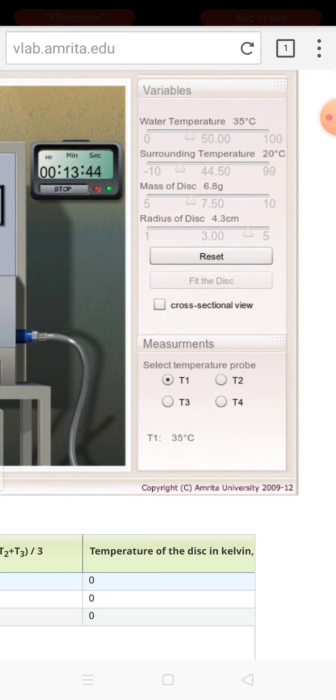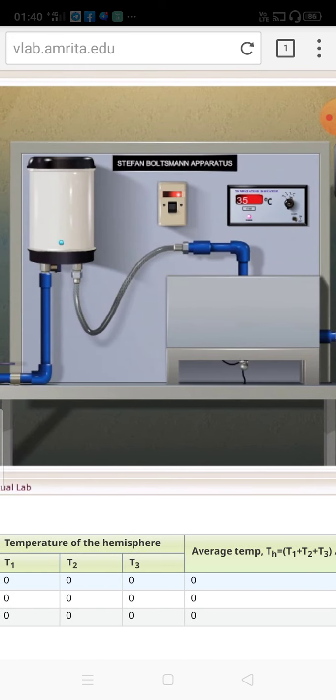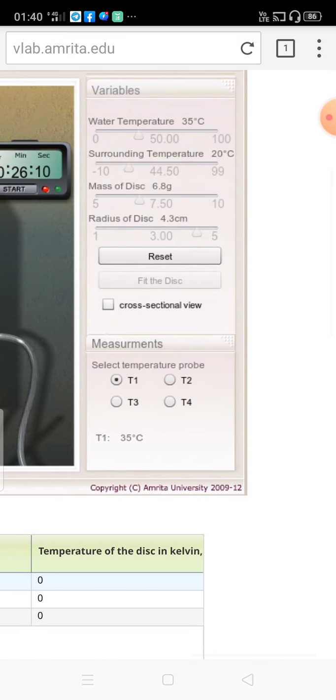Time will be varying. Let it vary. Then if I stop it, it will show stop. Then what I notice is that the values are changing accordingly.